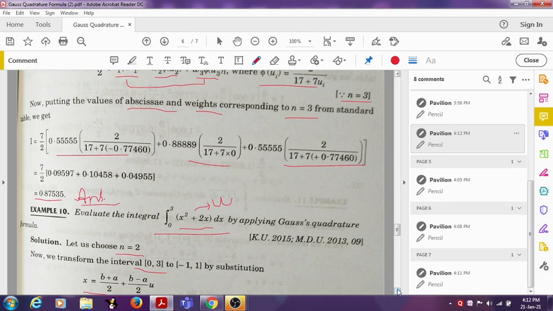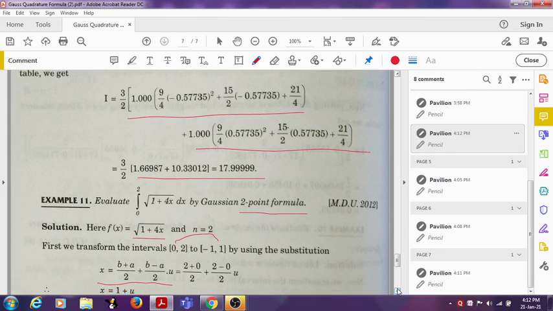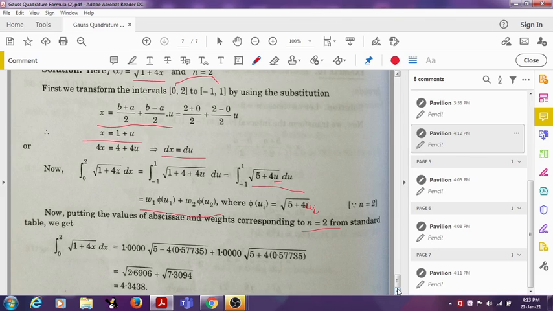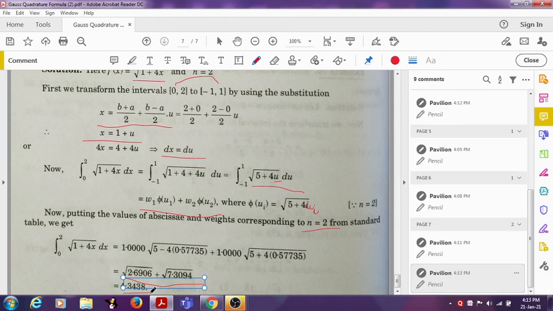So what we were discussing here, this was the point. You can put the value for n equal to 2 and find the square root of this in the last, and again our answer will be 4.3438.